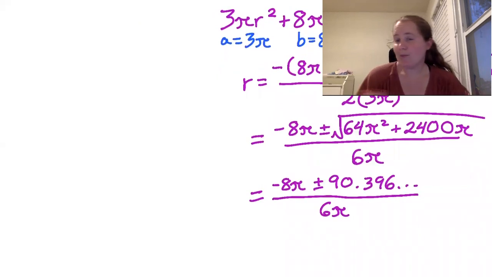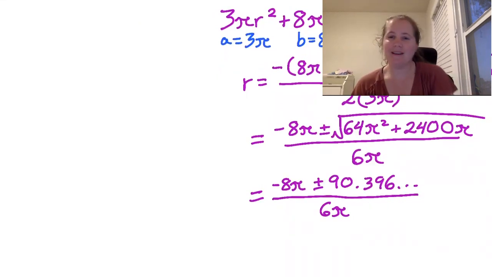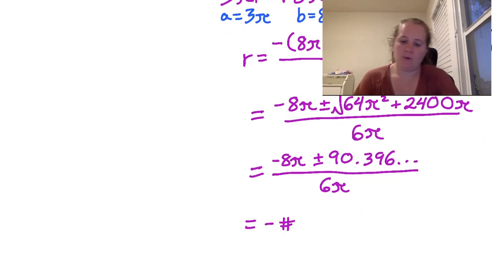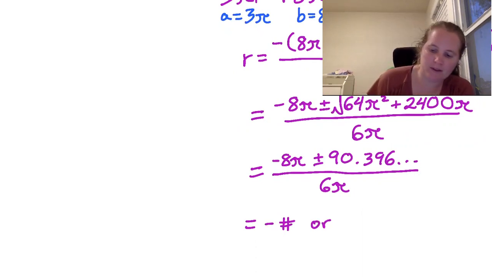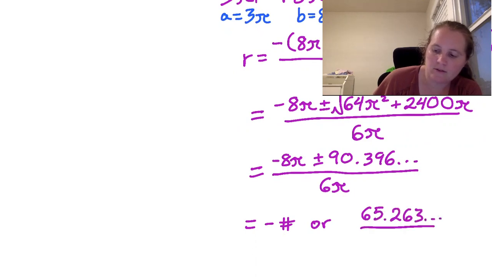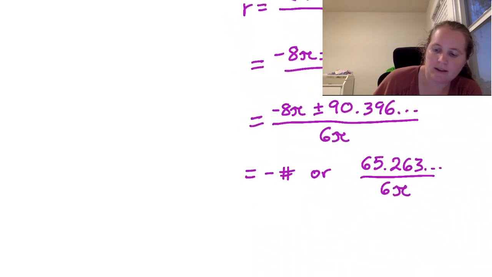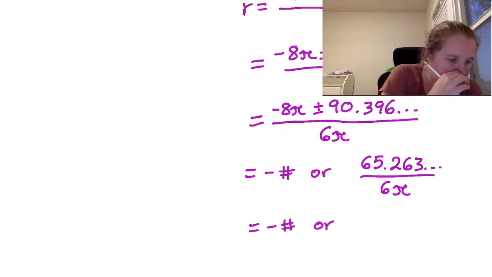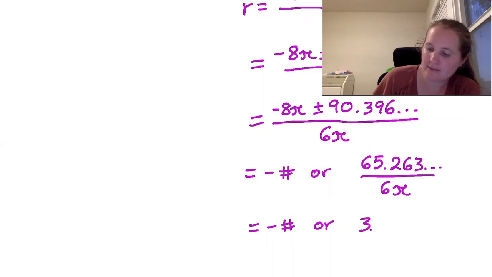I'm looking for a positive r. I don't care about the negative so much. So we're going to get some negative number if we do the negative 8 pi minus, or the positive number will be up top, we will have 65.263 all over 6 pi. And again, we'll get some negative number. Or if we divide by 6 pi, 3.46 something.